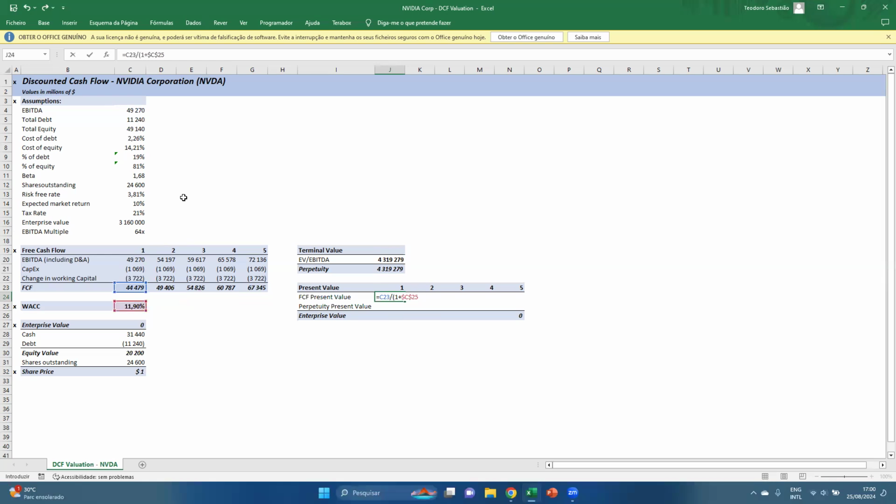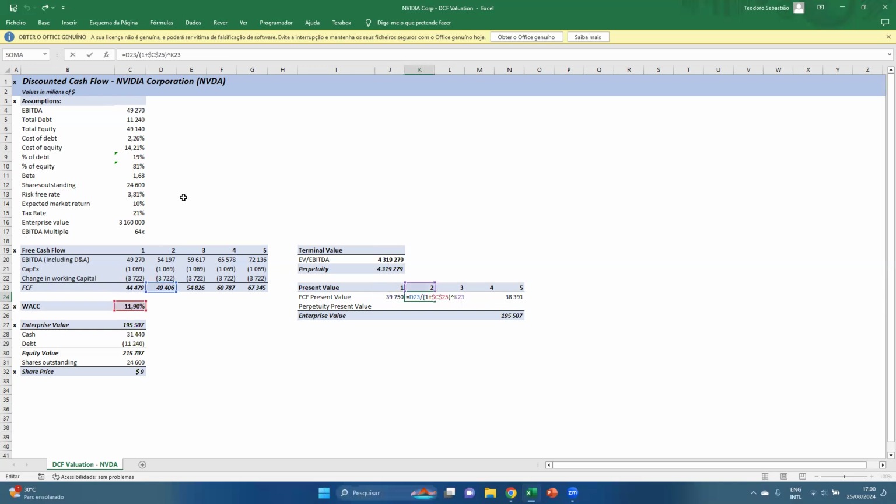We can close it and power the year, that is 1 year, and we are going to have our first present value. You can use a shortcut. I use Control C. You can pull to the right and then just copy the formula we have here.